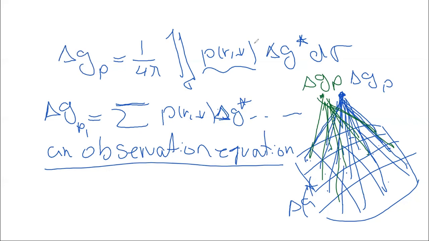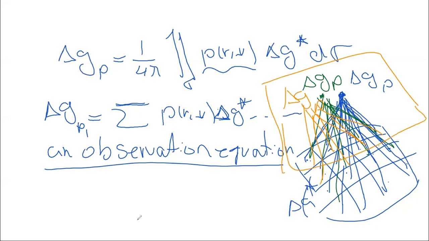Then you have another delta G, P3, and you have a new set of equations. So you will continue this until the number of measurements up here over this area are at least equal to the number of unknowns, and then you can solve a system of equations.